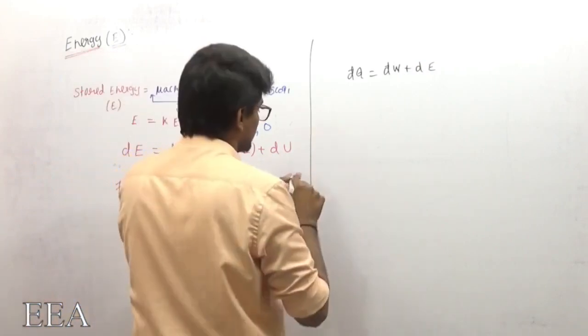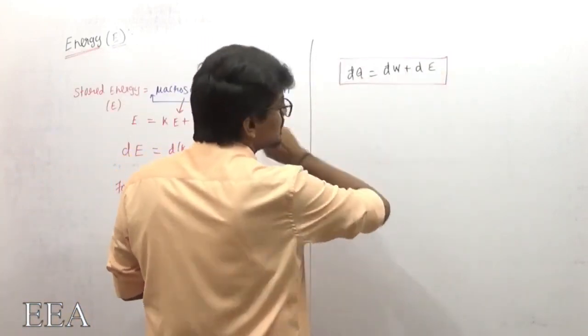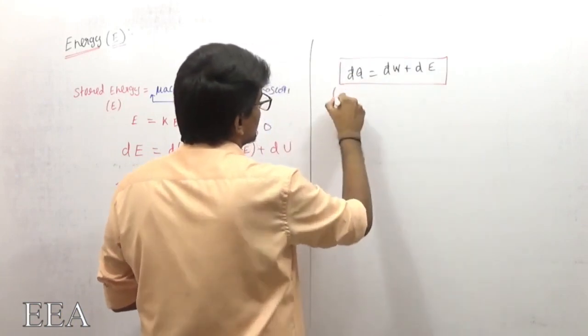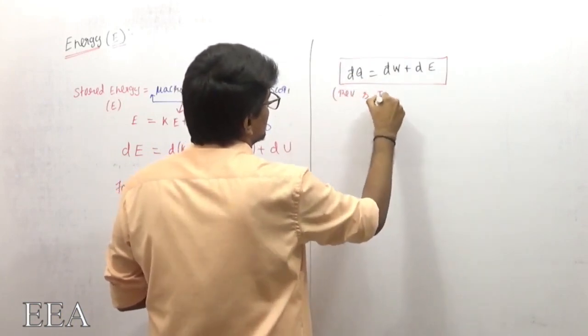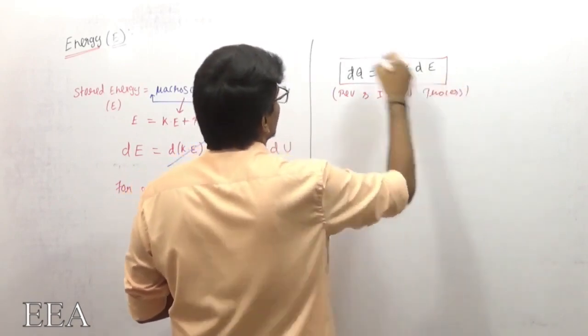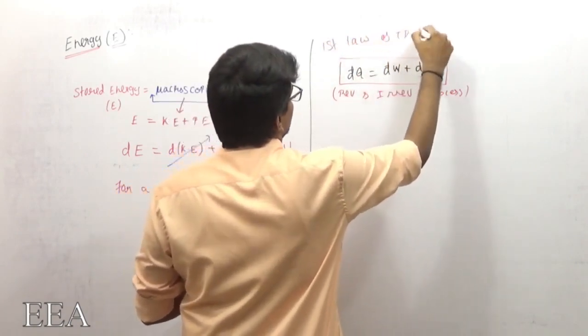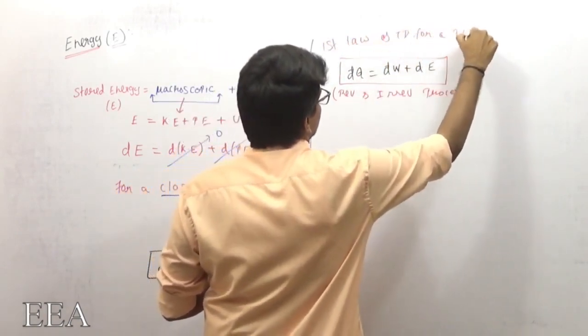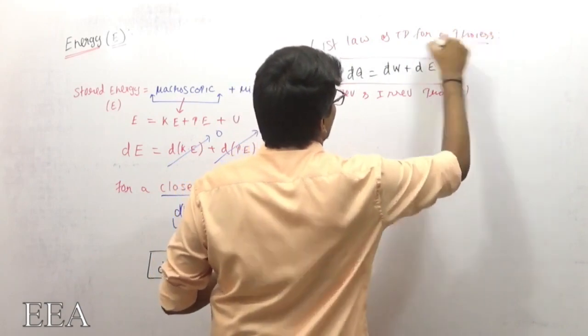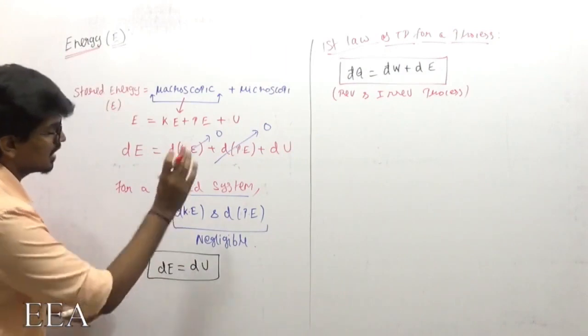So this is our basic form, and there is no assumption here, which means it can be applied to both reversible and irreversible processes. This is the first law of thermodynamics for a process. Let me include an assumption to it.